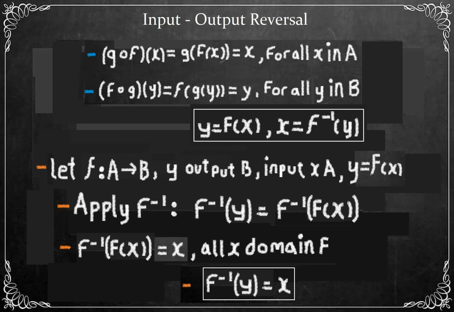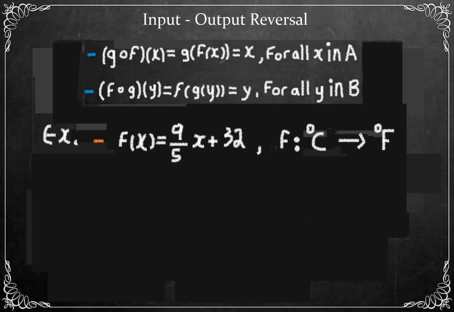The final equation, last orange bullet, white box, shows the inverse function f inverse takes the output y of the original function as its input and returns the original input x as its output. The roles of input and output are thus reversed. We are done. Nice. So invertibility relies on the inverse function reversing the roles of the input and output of the original function. Let's do an example, see it in action.